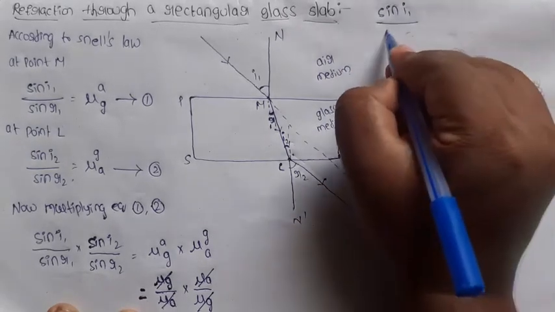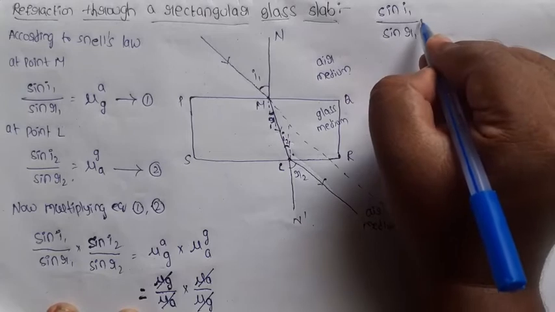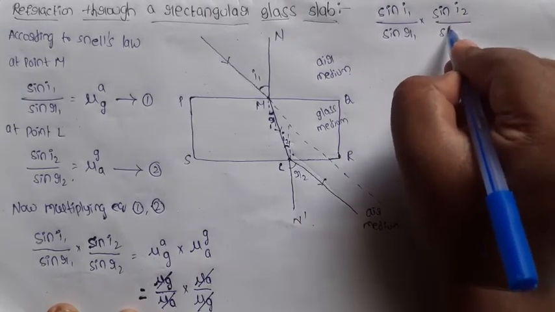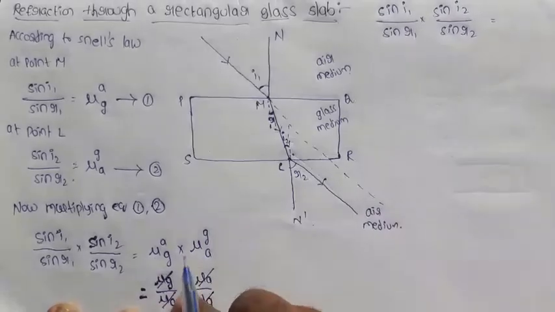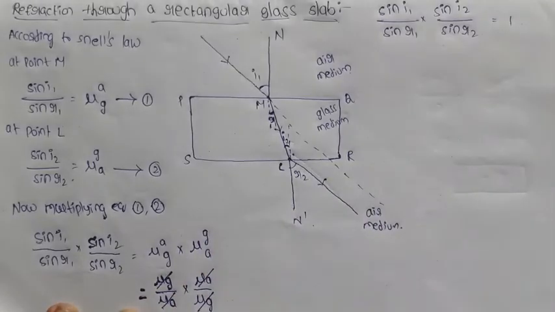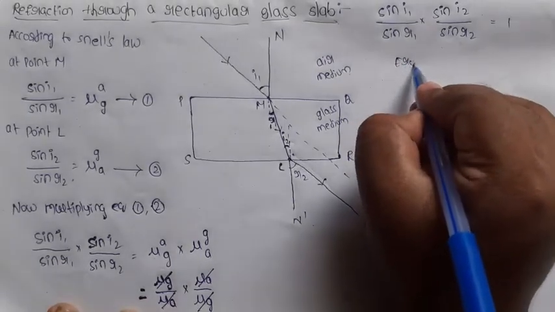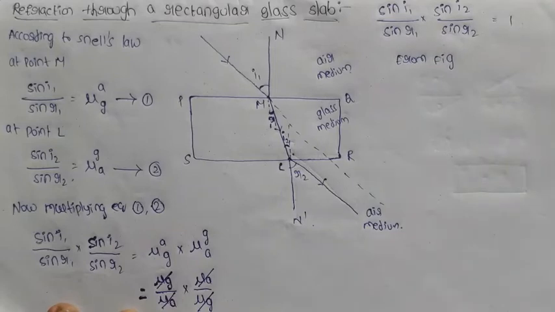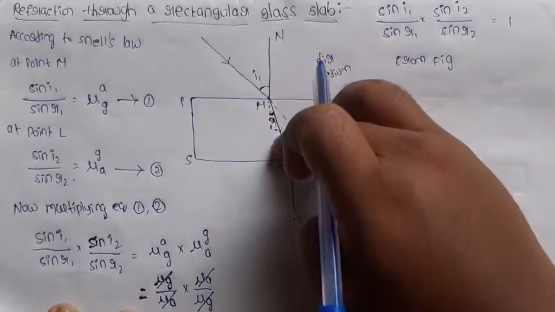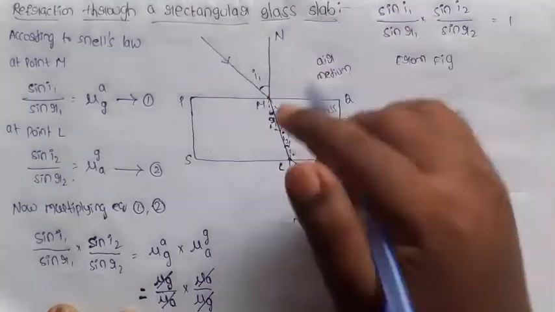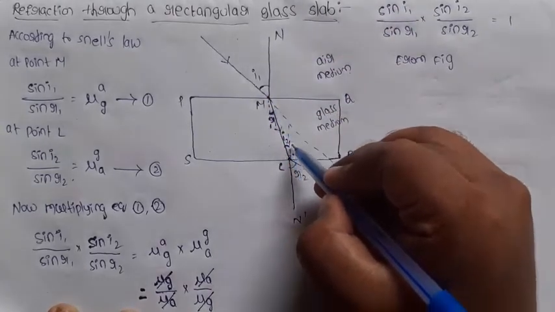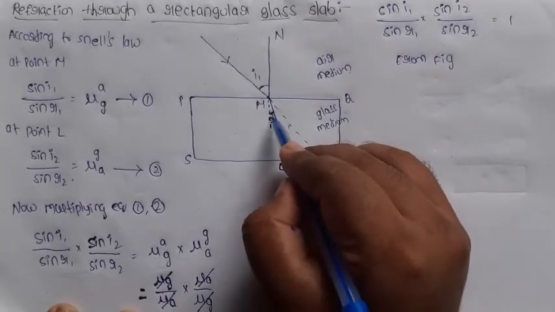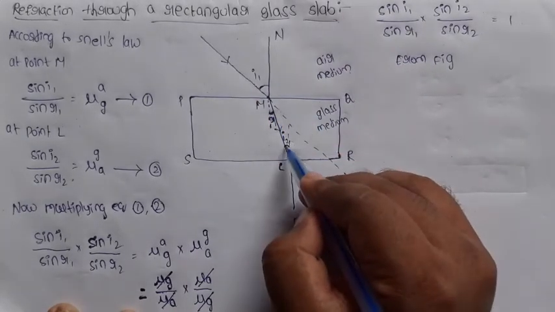So I can write like that, sin I1 by sin R1 into sin I2 by sin R2 equals 1. From the figure, observe here, this is the Z. In this Z, two angles are there, that is angle R1 and angle I2.